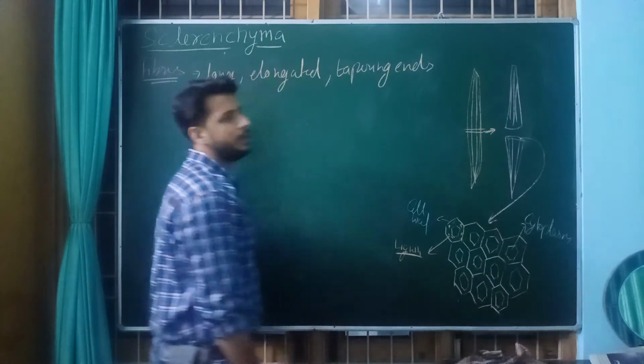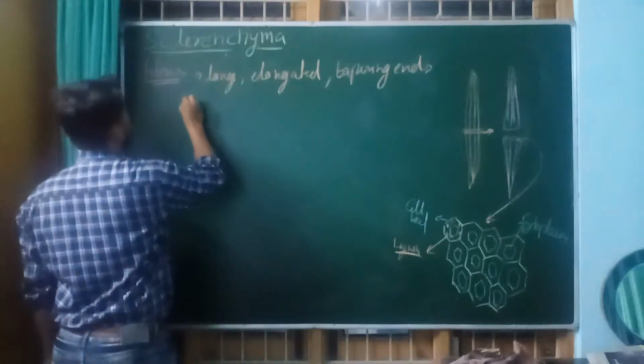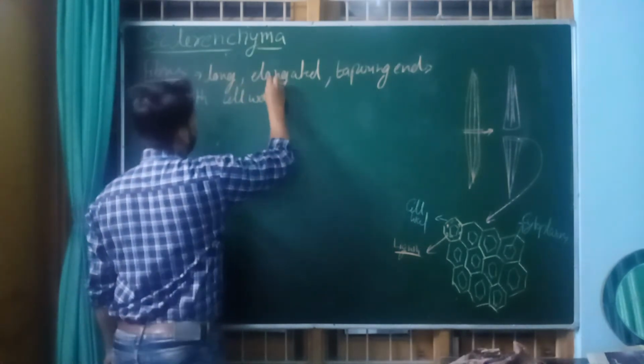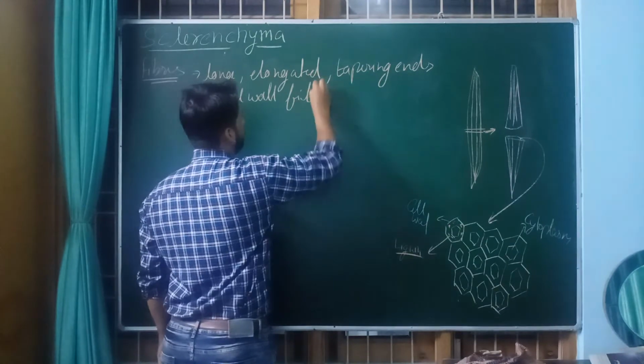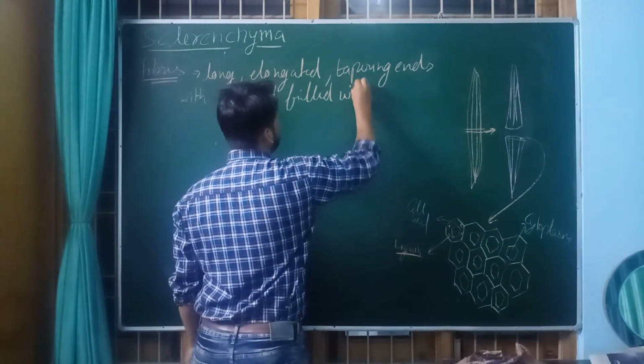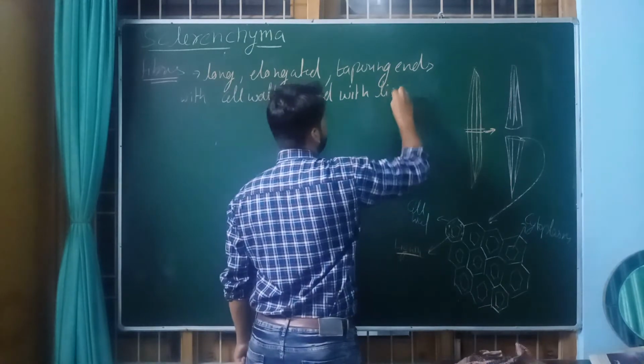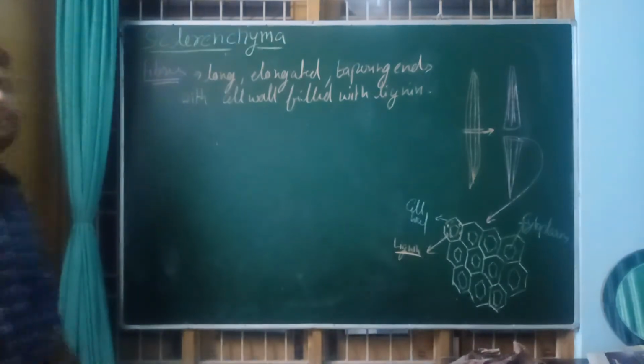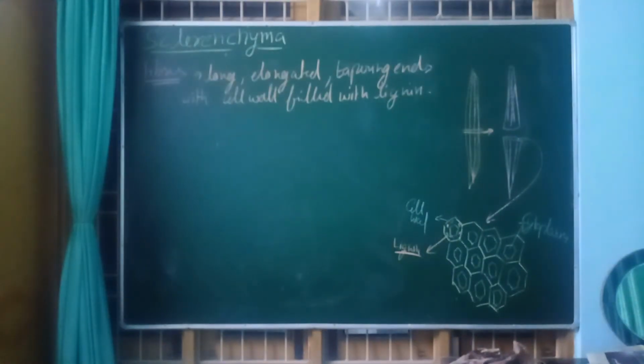So these have tapering ends, with cell walls filled with lignin. You can see these are some of the features of fibers, which are a type of sclerenchyma tissue. Got it?